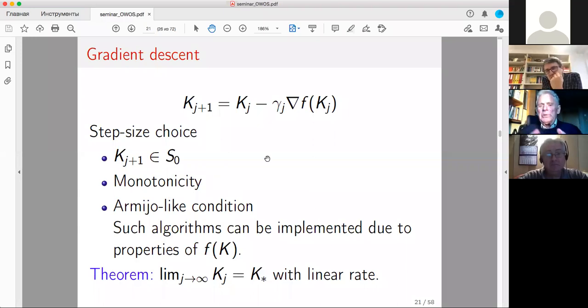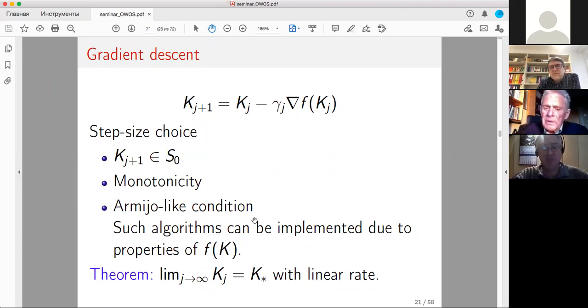And the main point is that our function is L-smooth, and then for small step sizes gamma, we can guarantee all these properties.